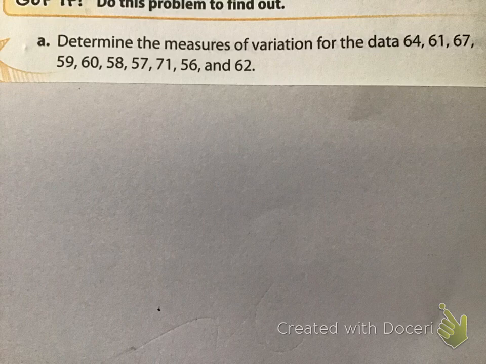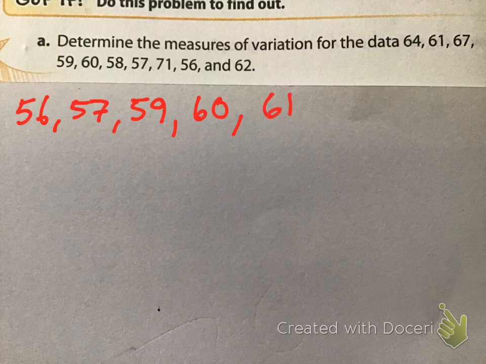So our smallest number here in this case is 56, then 57, 59, 60, 61.